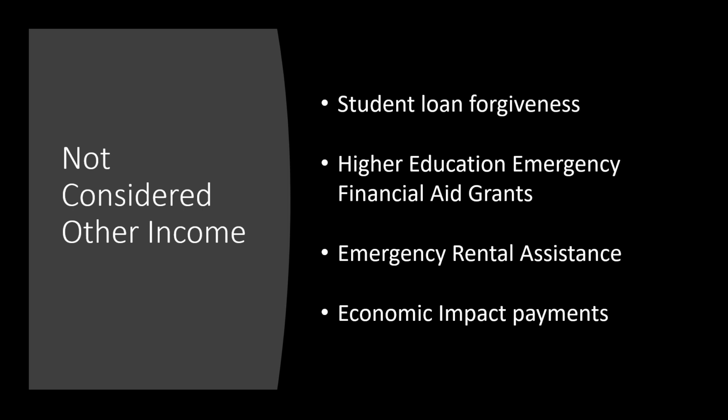It is excludable. Emergency rental assistance is excludable to the renter, and the economic impact payments that we've been getting are also excludable. They are not considered other income.